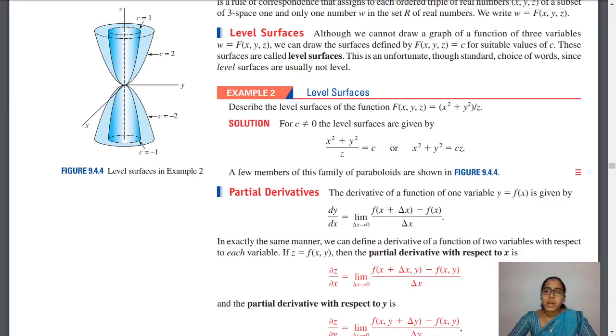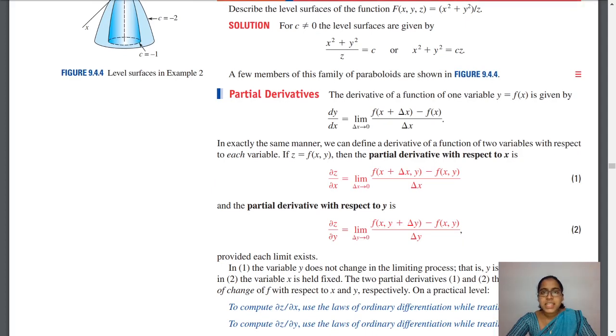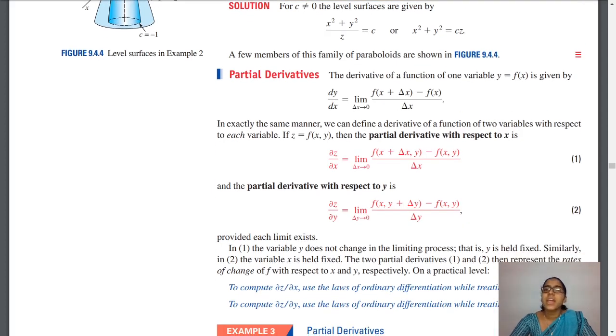So once we have discussed functions of more than one variable and their corresponding level curves and level surfaces, we can move on to what a partial derivative is. In discussing the derivative of a function, recall that the derivative of a function of one variable y equal to f of x is given by dy by dx is the limit as delta x tends to 0 of f of x plus delta x minus f of x, whole divided by delta x.